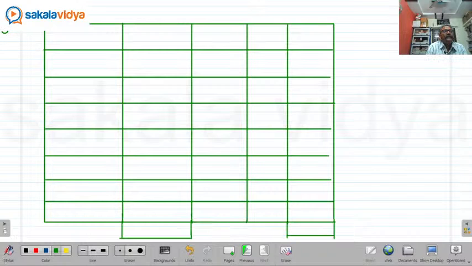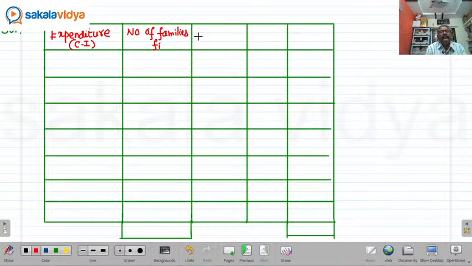So solution. Now this is expenditure, nothing but class interval only. This is number of families, this is fi.